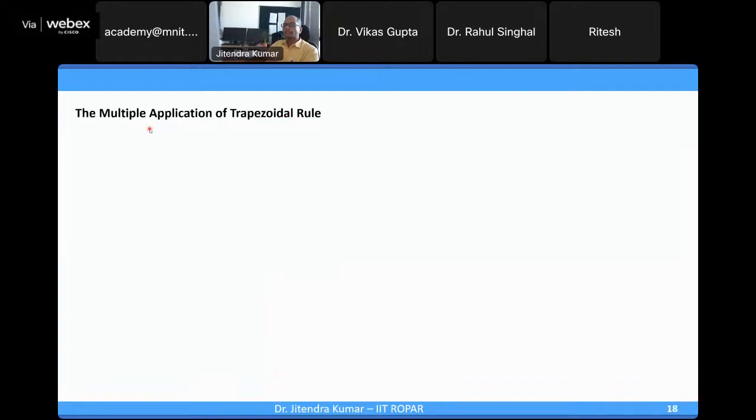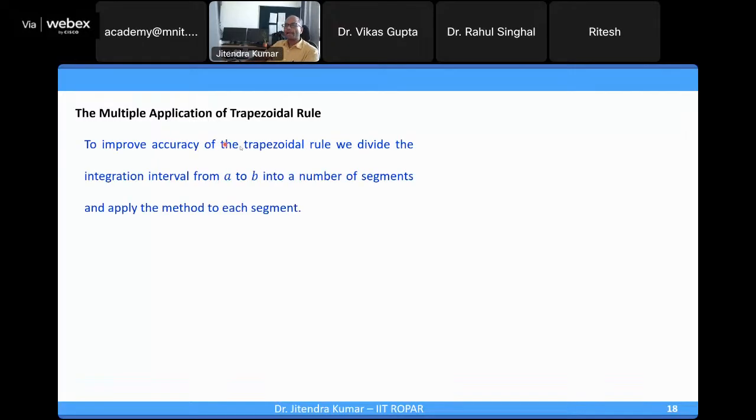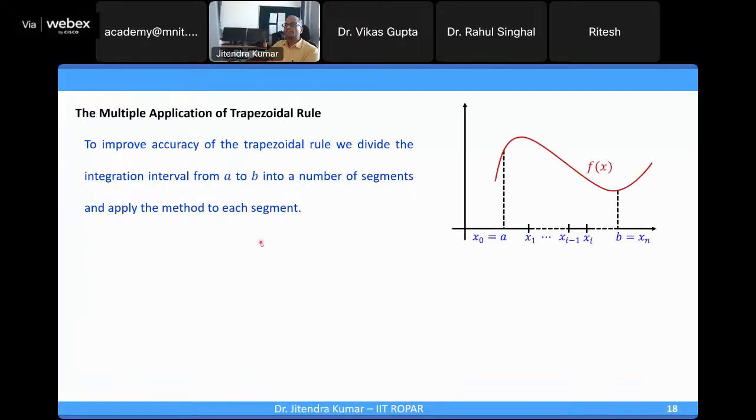So that's what we want to see, the multiple applications of the trapezoidal rule. That means to improve the accuracy of the trapezoidal rule, we divide the integration interval a to b into a number of segments and apply the method to each segment.